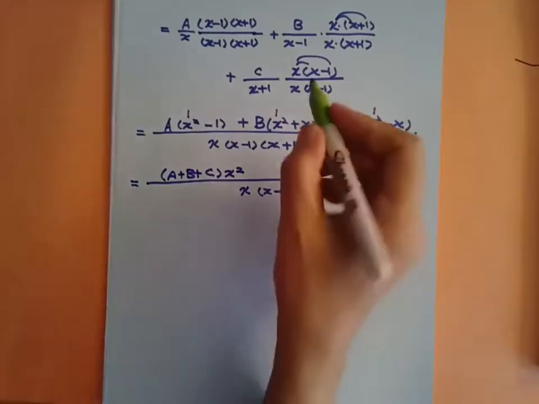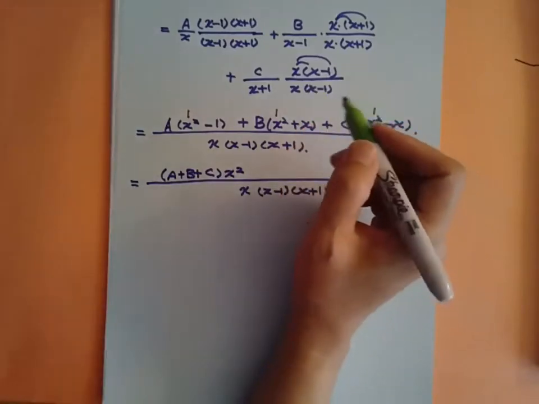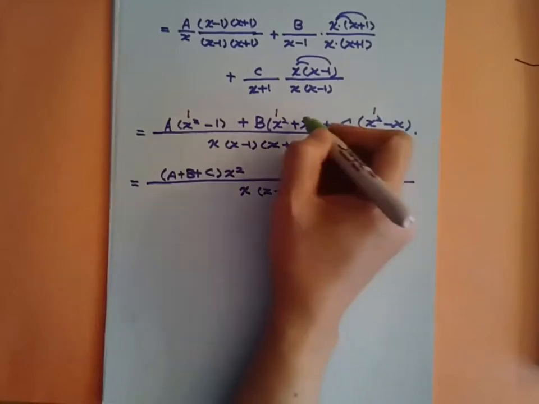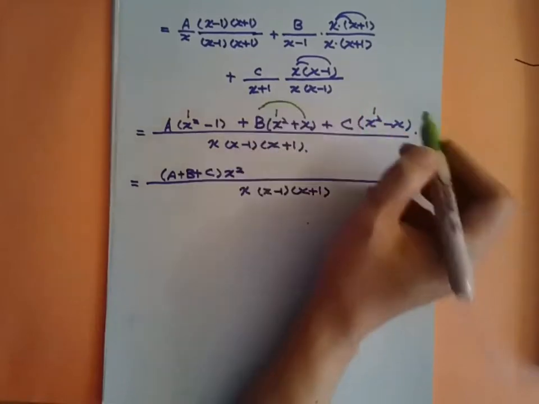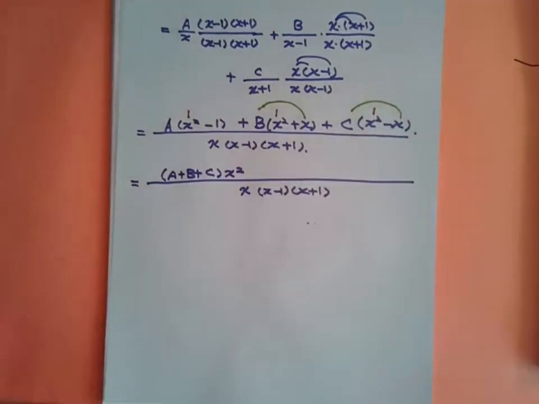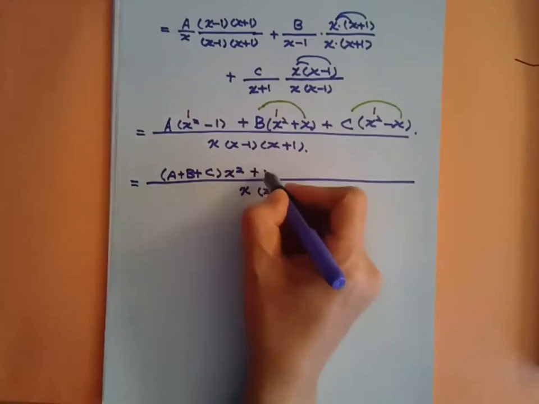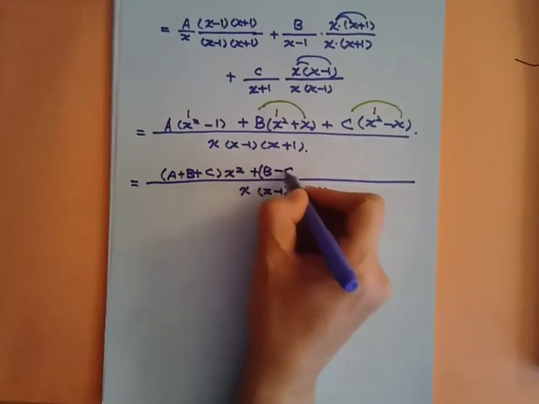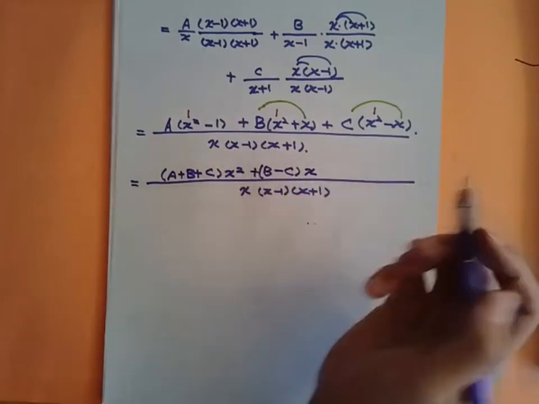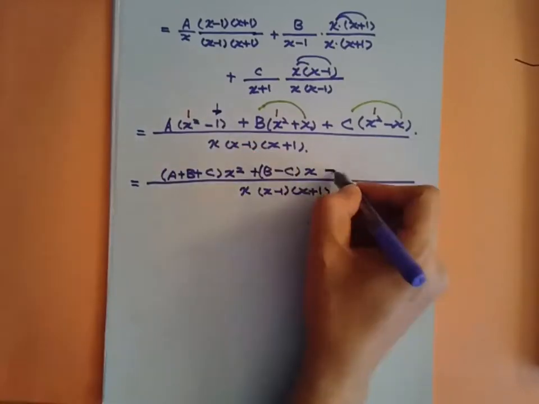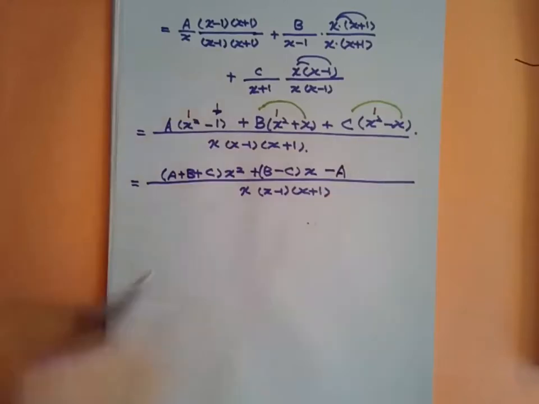And then the next one is x times something, so it'll be b and minus c, plus b minus c times x, and minus a. Any question about this?